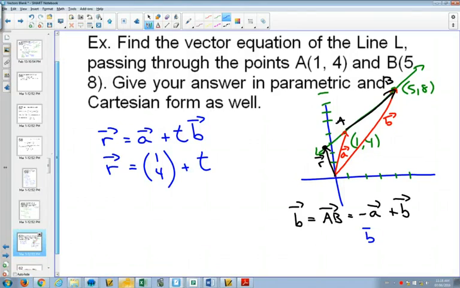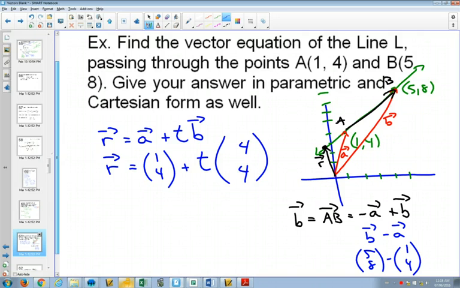And if you did B minus A, that's (5, 8) minus (1, 4), our direction vector is going to be (4, 4). Now for your direction vector, if you wrote (4, 4), it's perfectly fine.